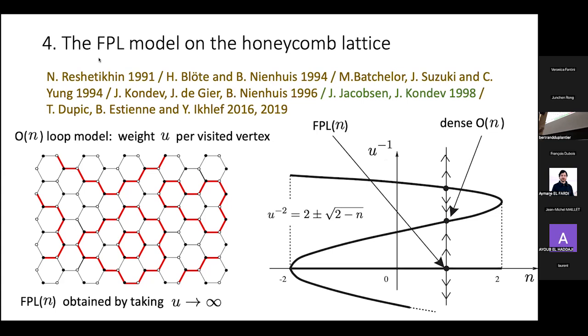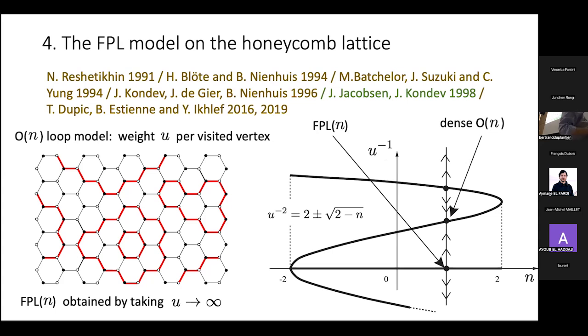Anyway, so this is this line here. So the line is just the horizontal line. You have n, which is between 0 and 2 in our case. And then on the top line, up to this point where you have the divergent arrows, this is a dilute O(n) model. So this is a line of fixed points, of critical points of the dilute O(n).